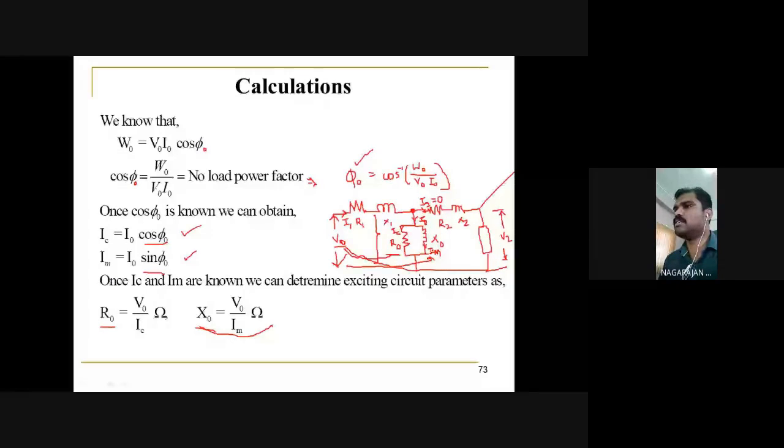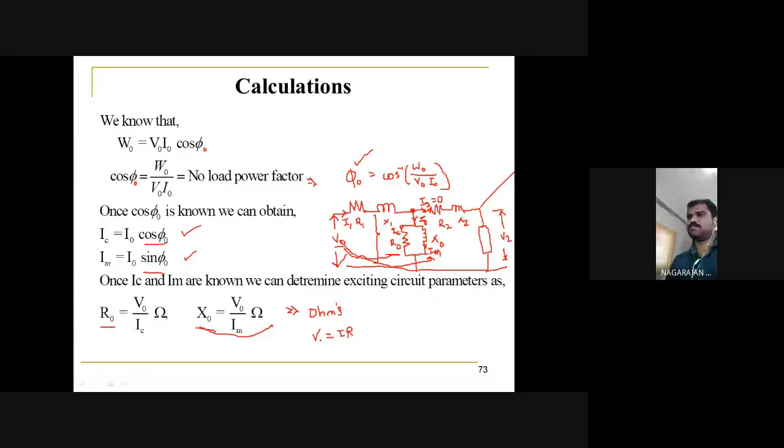The voltage across that is V naught and the current passing through that is IM. So we are applying what theory here? Simply Ohm's law. What is Ohm's law? The equation of Ohm's law is V equal to IR. That is the theory we applied here. So I need the R value, so it will be V divided by I.